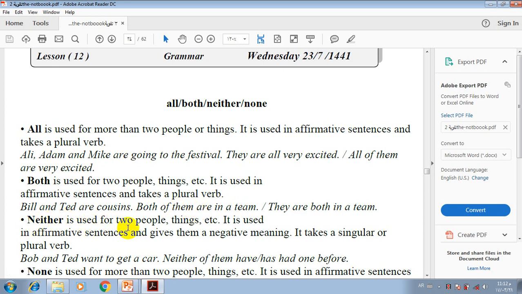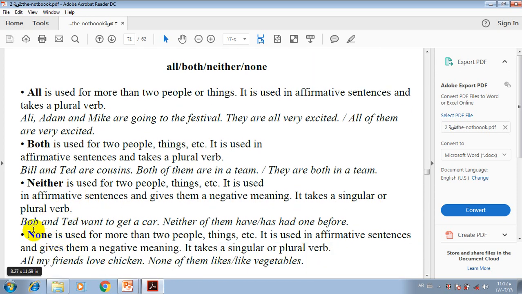Neither is used for two people or things, and it's used in affirmative sentences and gives them a negative meaning. It takes a singular or plural verb. Like this example: Bob and Ted wanted to get a car.